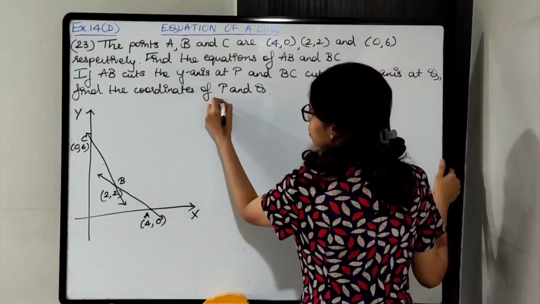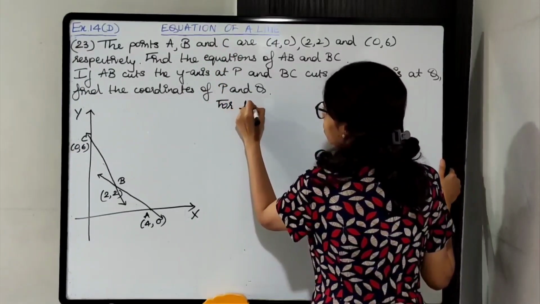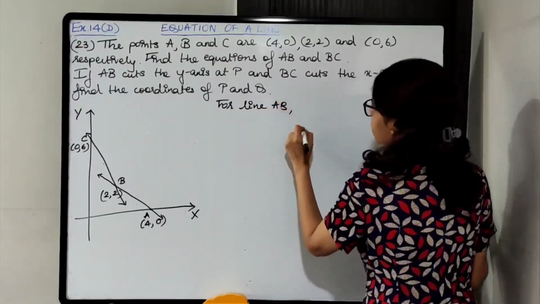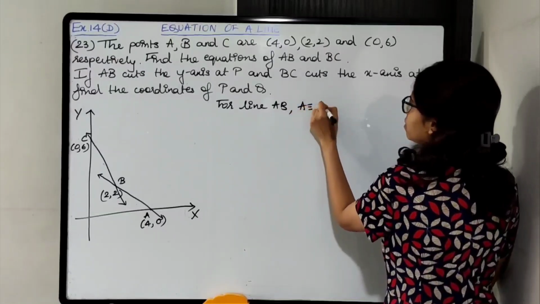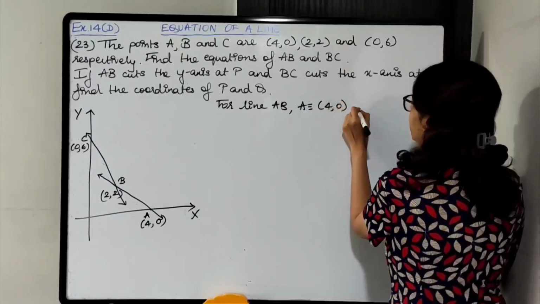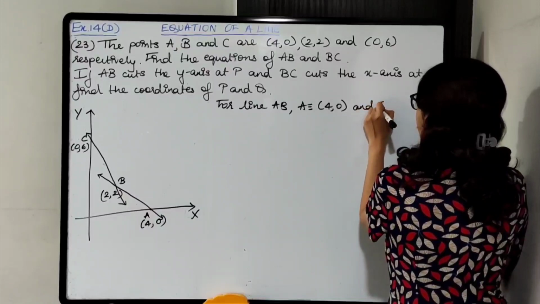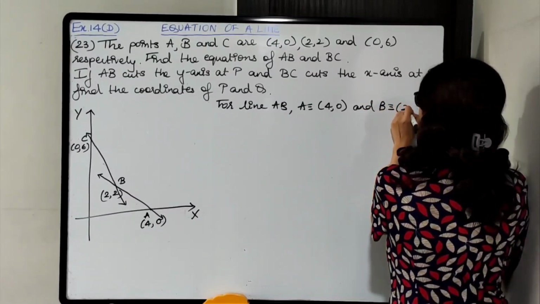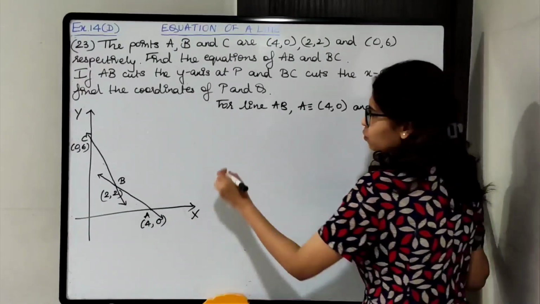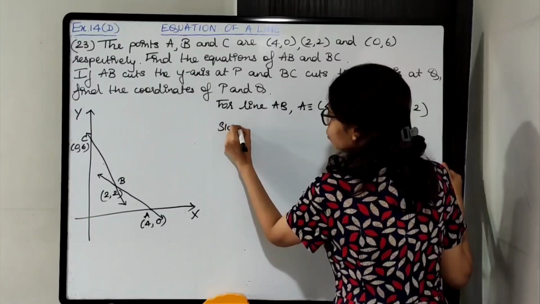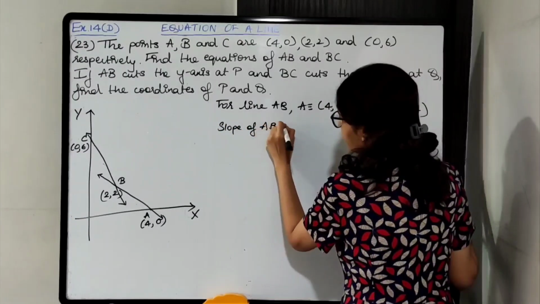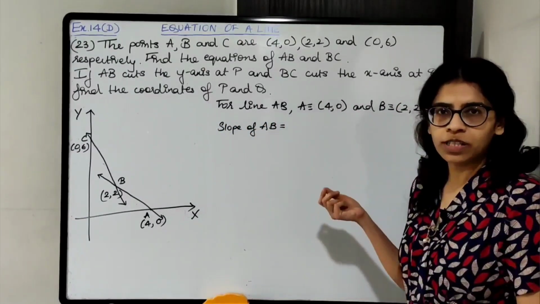All right. For line AB, write down the coordinates of A. It is (4, 0). B is (2, 2). So what will the slope of AB be? Subtract the y coordinates first.